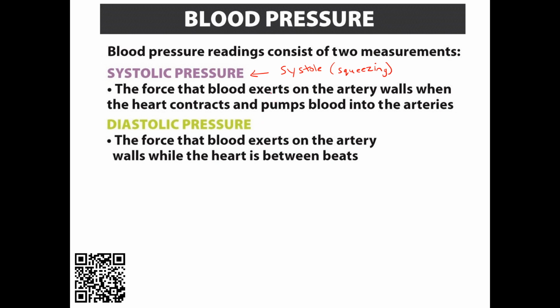That's going to have an additional force on the artery walls. And then the diastolic pressure relates to diastole, when the heart is at rest. Or I use the word dozing. And that's the lower number of the two.